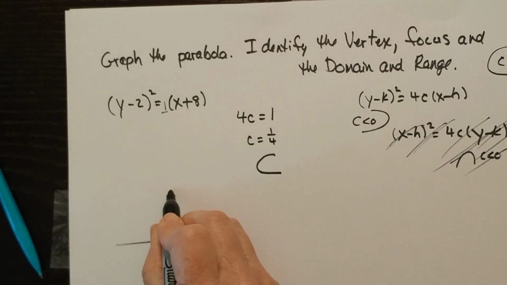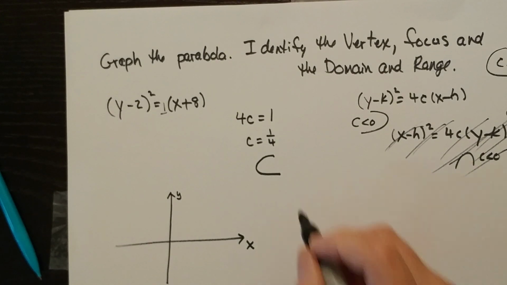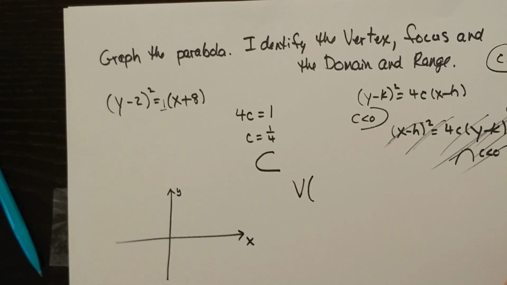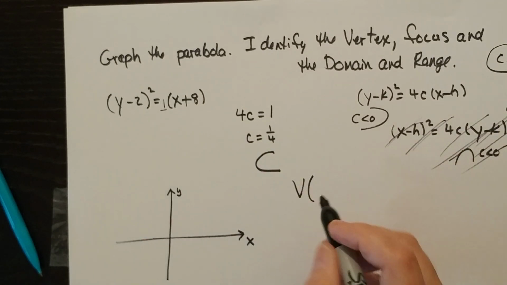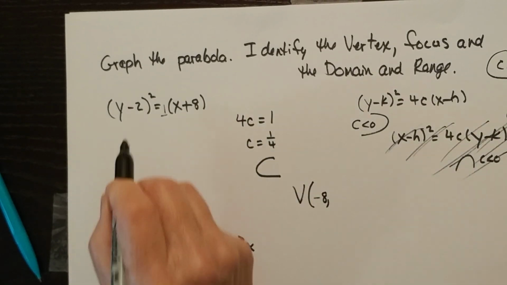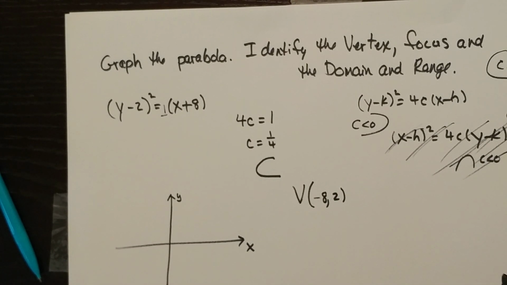Let's sketch this guy. This will be our y-axis, and this will be our x-axis. First, let's find the vertex. The vertex is (h, k), and so h is the opposite of what I find right there, -8. k is the opposite of what I find right there, 2. So the vertex is going to be at (-8, 2). So I'm going to draw a longer x-axis.